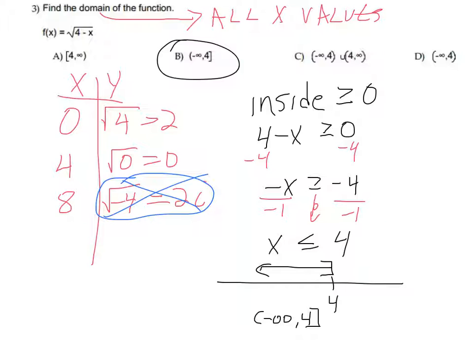The domain is all real numbers because you can put in negatives inside a cube root as well as positives or 0. So all this work only applies for the even roots, square root, fourth root, sixth root, etc. The odd root domain is always all real numbers, unless you're doing story problems, then you might have real world concerns. All right, next question.